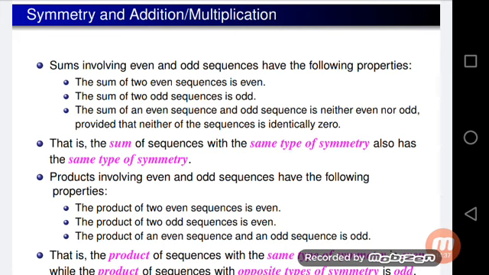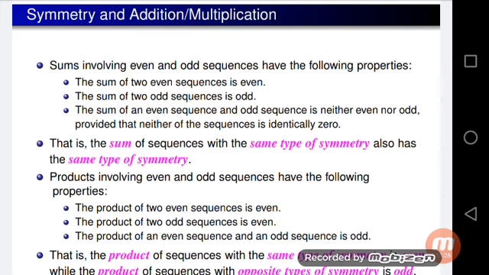For example, when we are solving any problems, we are using these three conditions for simplifying the equations. The sum of two even sequences is even.